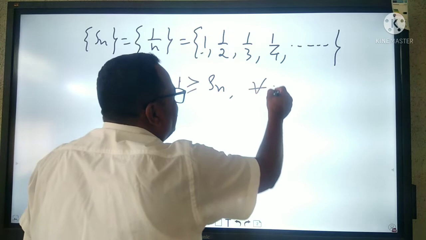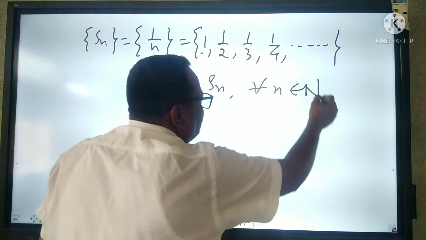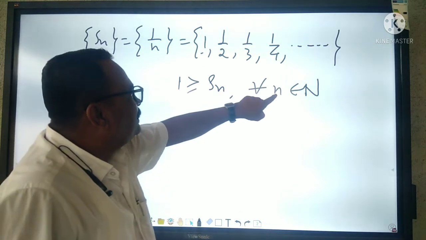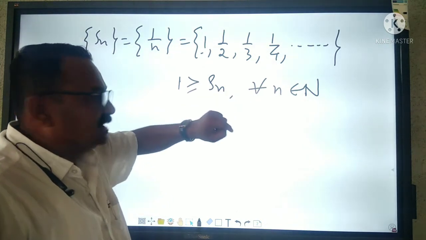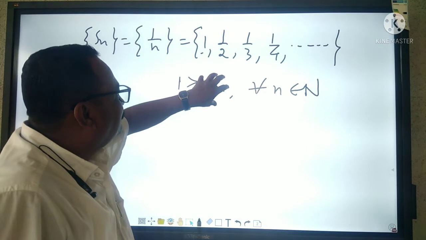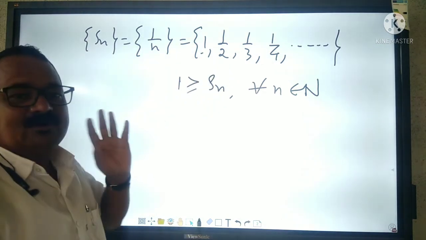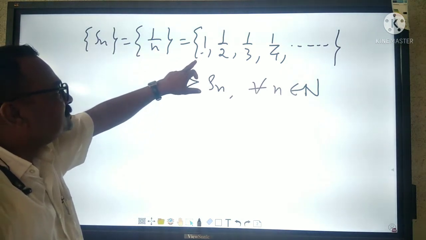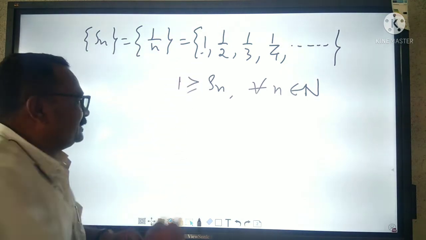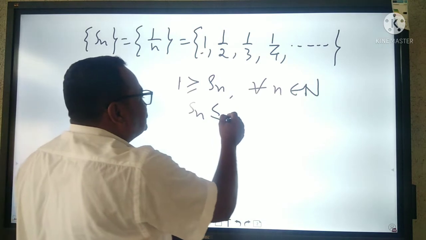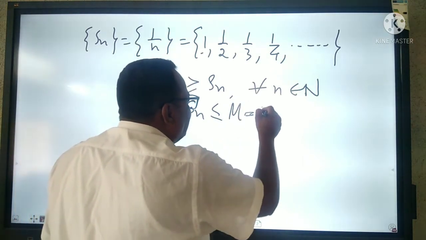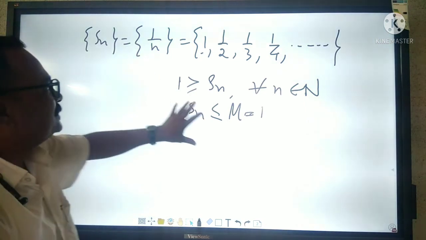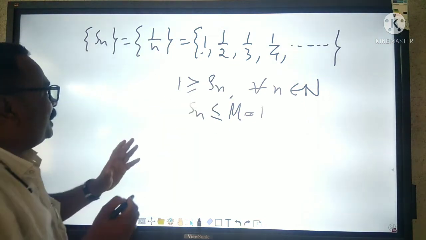We write this for all n belonging to N. The meaning is: take any n, and this Sn is less than or equal to 1. So in this case, we say that the sequence is bounded above by 1. That is, Sn is less than or equal to capital M, and capital M means 1 here. So the sequence Sn is bounded above.